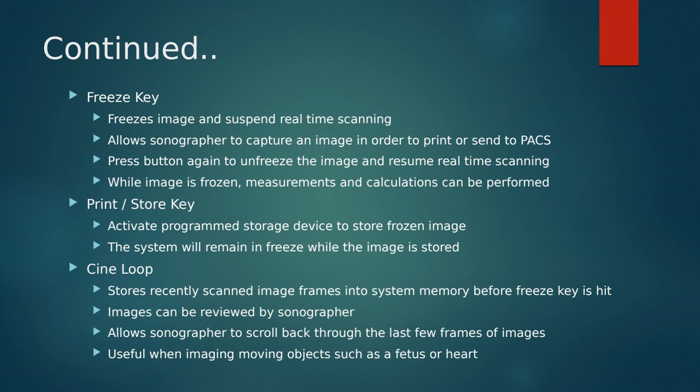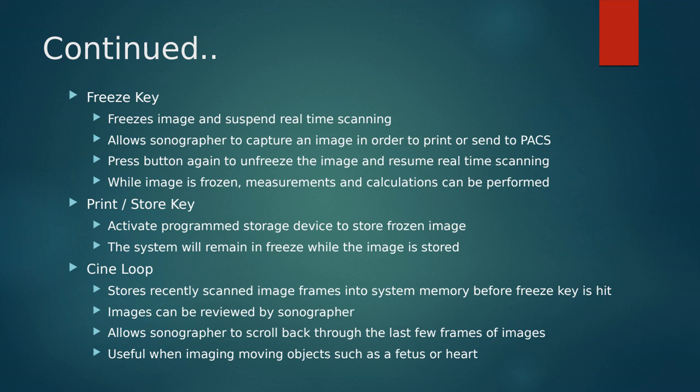And that's going to be done through our cine loop. So that's when we use our trackball. Once our image is frozen, we can cine loop back using our trackball to see those last few frames that our machine was storing right before we hit the freeze button. So this is a great way for us to review an area that we're maybe not so sure of, or maybe if there's motion with our patient, maybe they couldn't hold their breath.